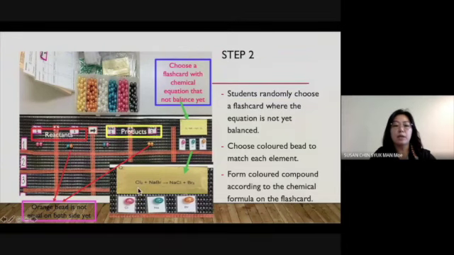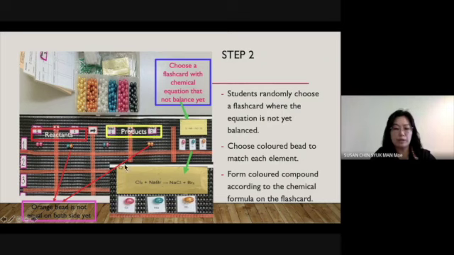After that, they will arrange according to the reactants and products in their columns. The first reactant is Cl2, chlorine. So they are going to put 2 pink bits in the first column, reactant number 1. Then the second reactant is NaBr, meaning blue and orange.